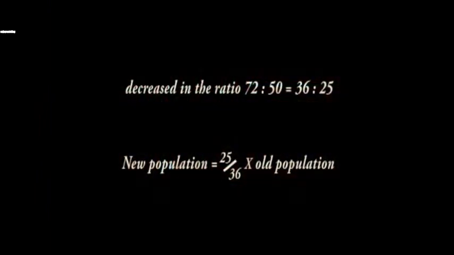For the boys, the population decreased from 72 to 50. It decreased in the ratio 72 to 50, which is equal to 36 to 25. That means new population is equal to 25 over 36 times old population.